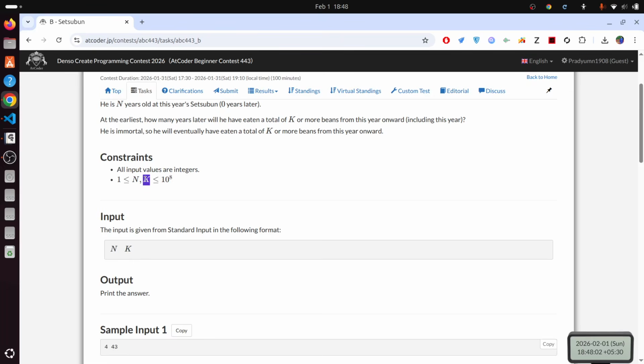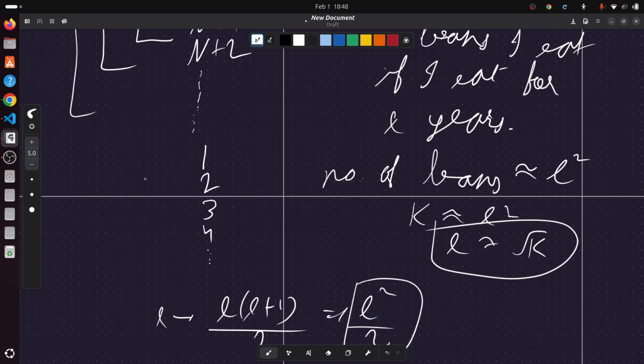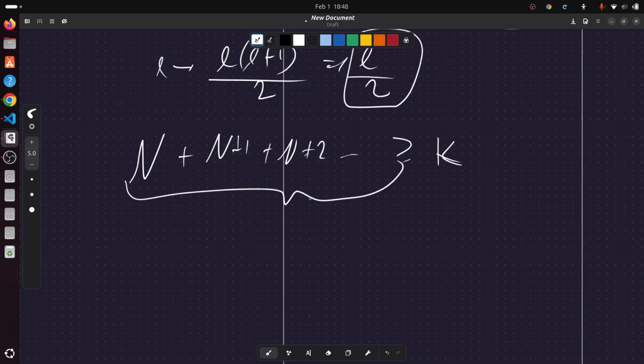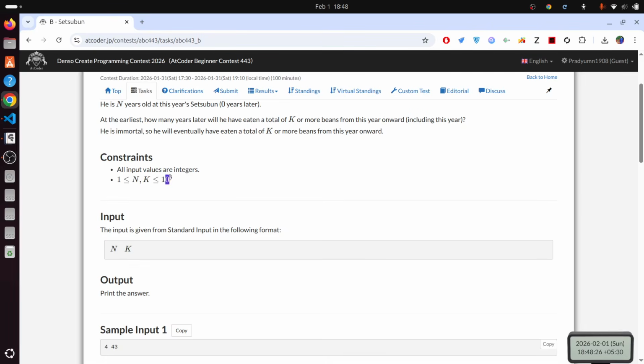So actually if you just brute force, like just start a loop with n, then add n plus 1, then add n plus 2, and so on, keep adding, then eventually you will reach a sum greater than or equal to k, and this will happen in order of root k steps. And since root k is just 10 to the power 4, we can easily brute force this.